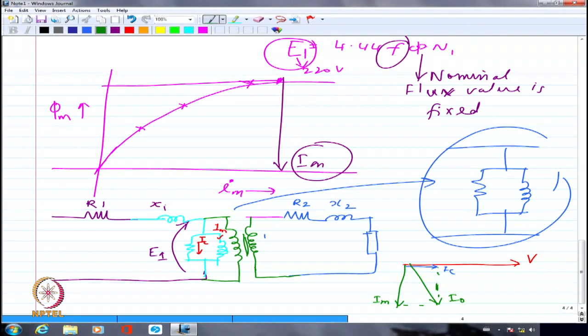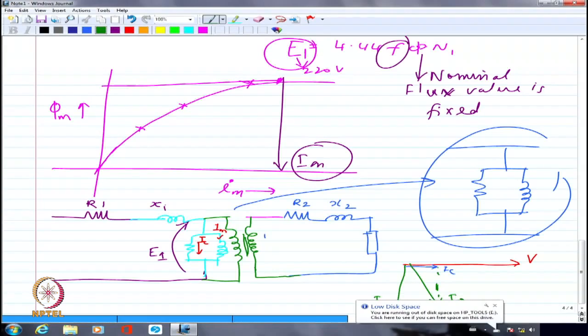So if you measure, it will definitely consist of both a real portion as well as a reactive portion. That's why the no load current of the transformer will not lag behind the voltage exactly by 90 degrees. No way. It will definitely lag behind the voltage, maybe by 80 degrees, maybe by 75 degrees, not 90 degrees.